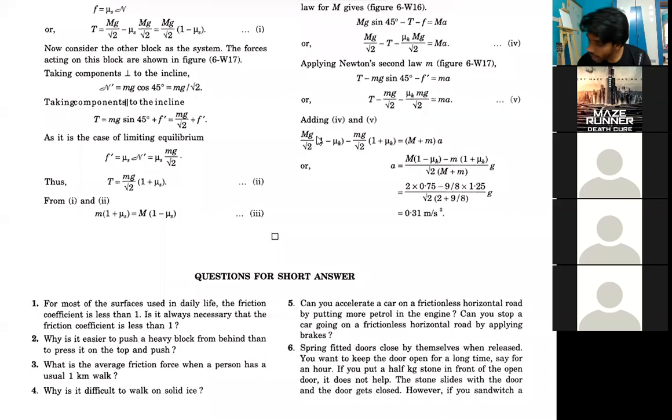Third question: what is the average friction force when a person walks 1 kilometer? What does it mean? I don't understand what he means by average friction. 1 kilometer is a distance, right?